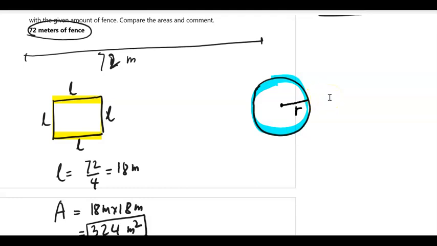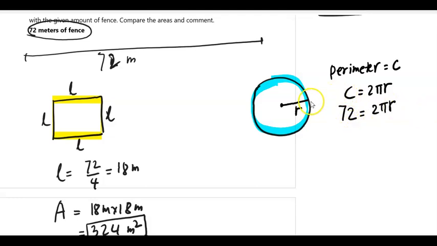Notice that 72 is the perimeter, which we call C. C equals 2 pi R. That's the formula. Now I know 72 is C, because that's the fencing, 72 meters, we used to make a circle. So 72 equals 2 pi R.